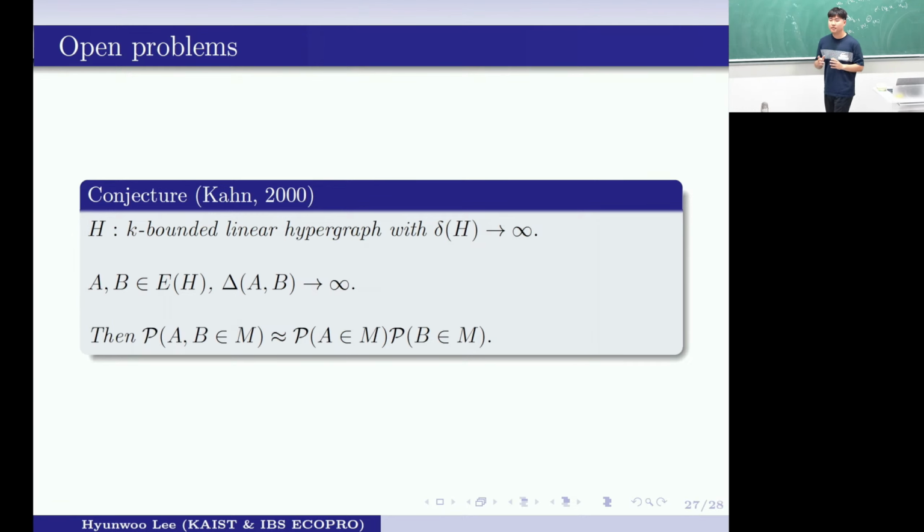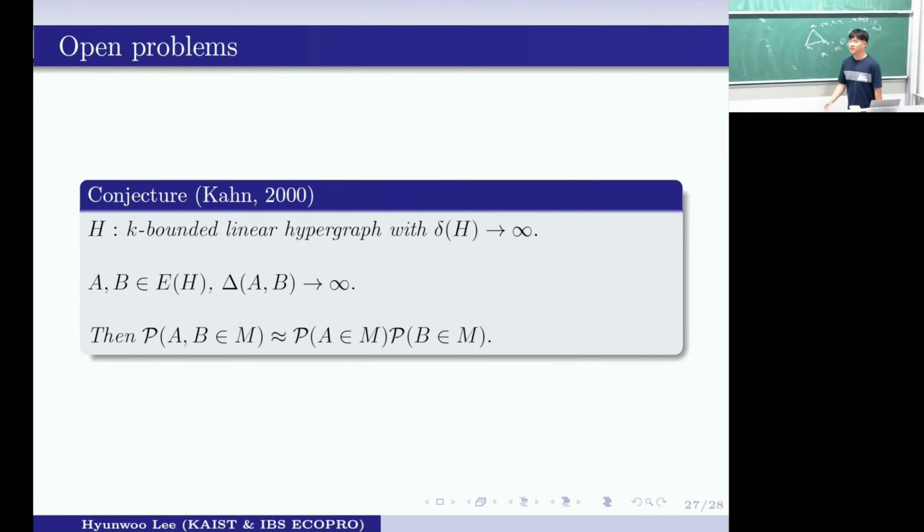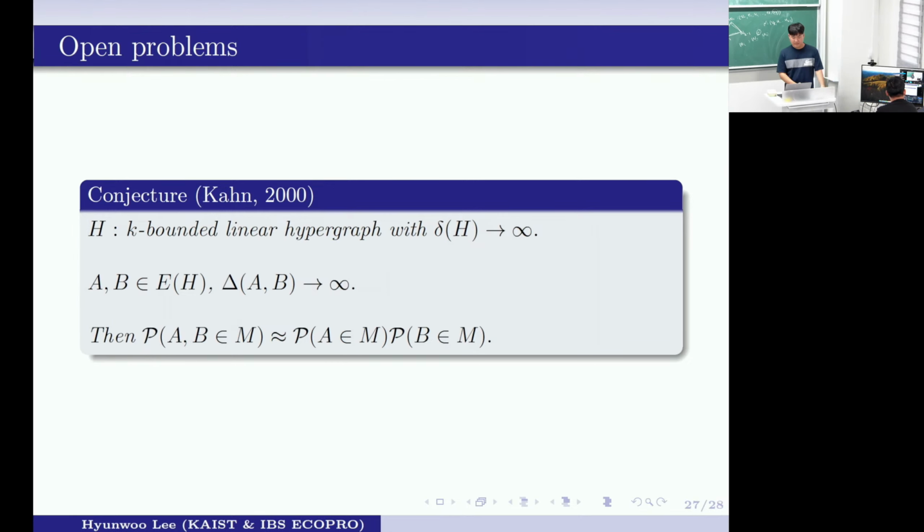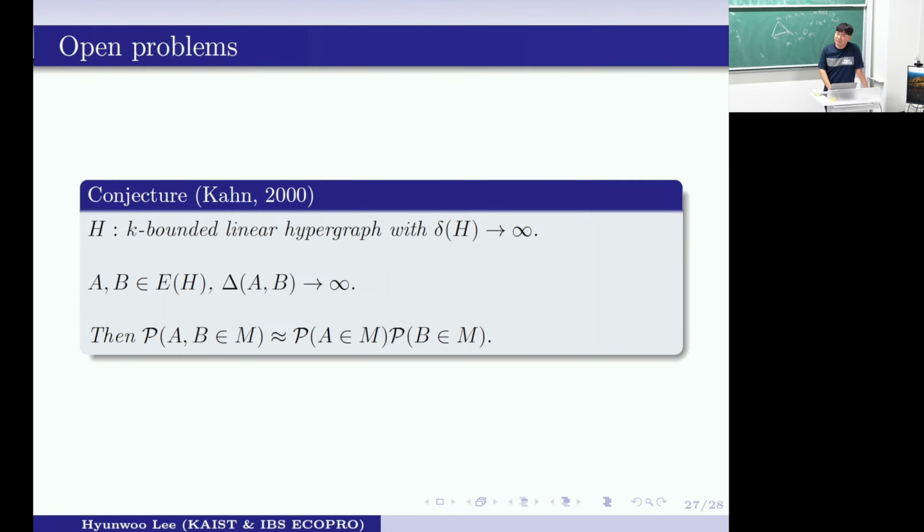So maybe we can prove this by using the K-walk tree that I introduced, but I couldn't prove this. Anyway, I think this is a very interesting conjecture. Just prove? Yeah, just prove. I believe this is true. And again, when we restrict this conjecture to graphs, then it is true.